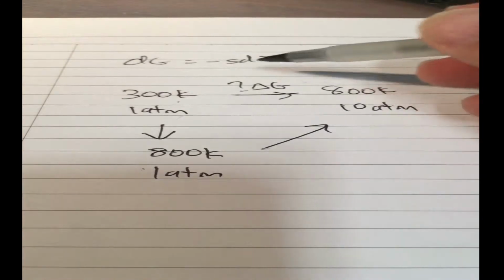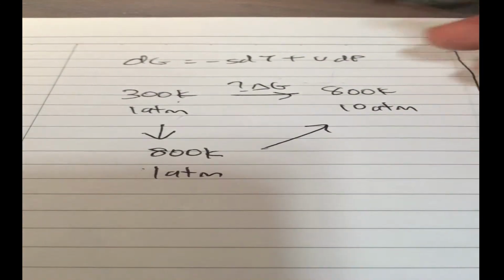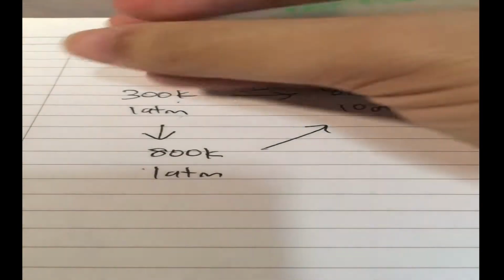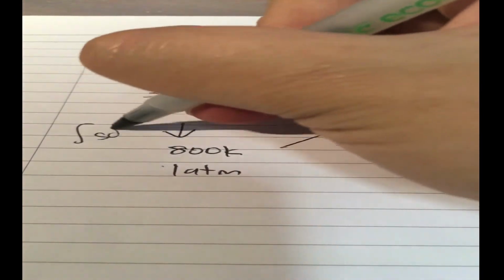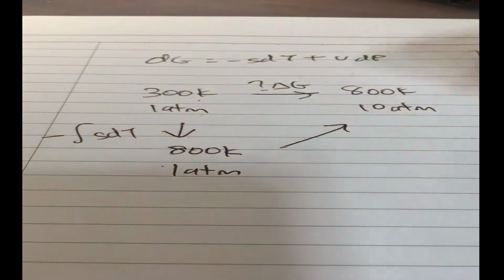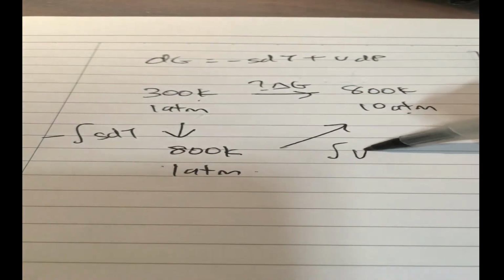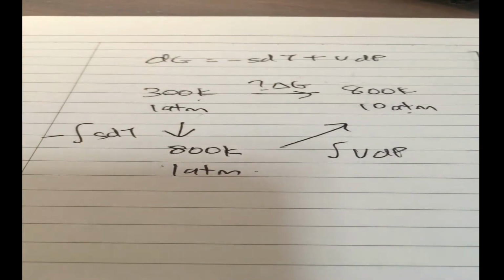An easy path is one where you don't consider pressure change, so dG is just minus SdT. And here, dG is the integral of VdP.